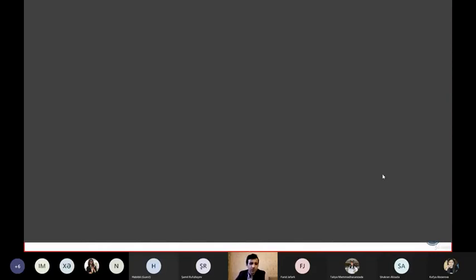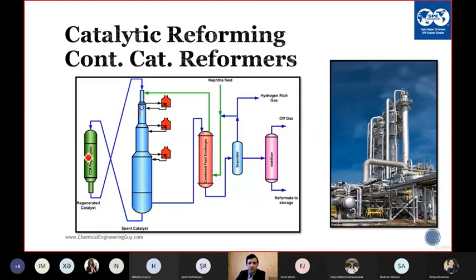So assume we don't have the regeneration here. So we have only the catalyst and reactors. What happens as time passes? There is reaction here. When there is reaction, the catalyst can be poisoned with, let's say, sulfur.